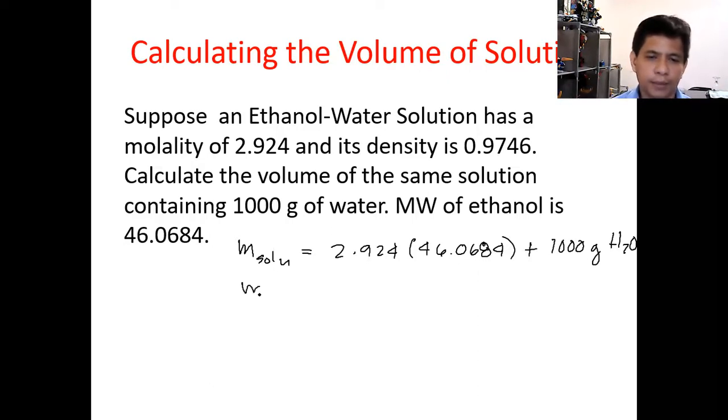So the mass of the solution, actually, I just haven't changed this. So it's supposed to be 2.921. Let's just use that one, to match the previous problem. It's like a continuation of the first problem. So if this is 2.921, you're supposed to get something like 1,134.6 grams.